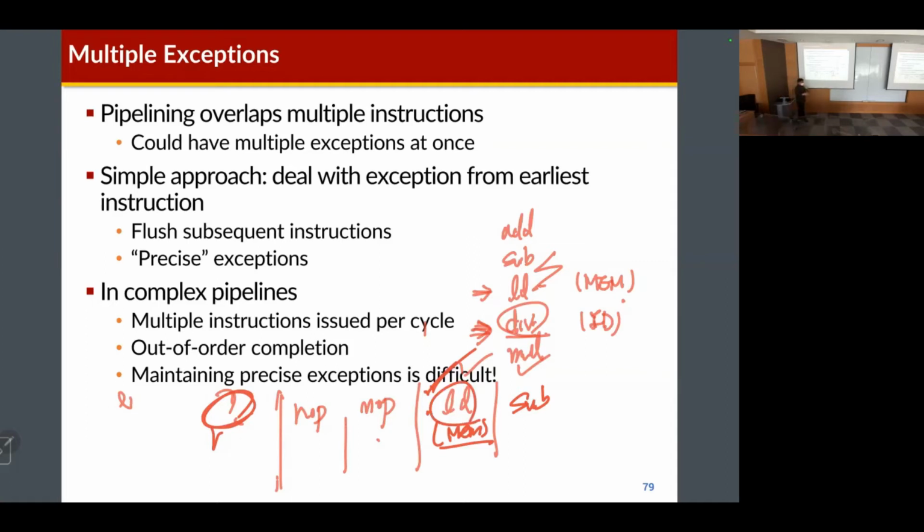So in timing, if we just consider the timing of these exceptions, the exception of this div instruction is detected earlier than the load instruction. But if we just consider the order of instructions in our code, the software assumes that every instruction is executed atomically. Which means that in one cycle, the add instruction is executed, and then the result of the add instruction is reflected to the processor and done.